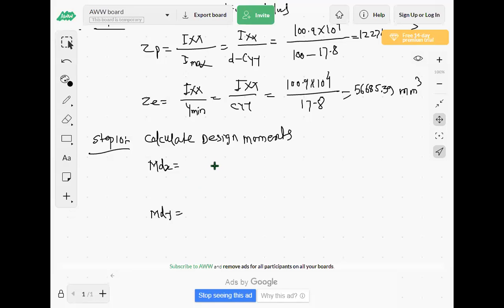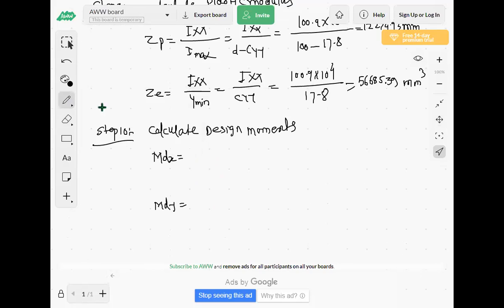Okay, so how to calculate mdx? So mdx is equal to, the formula is beta b into zp into fy divided by gamma m naught. So here beta b. So for semi-compact section, how to calculate beta b? So for semi-compact section, beta b value is ZE upon ZP into ZP into Fy divided by gamma m naught.